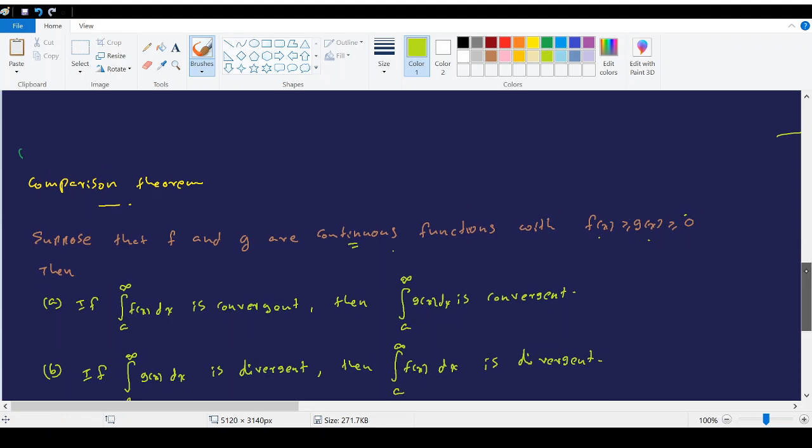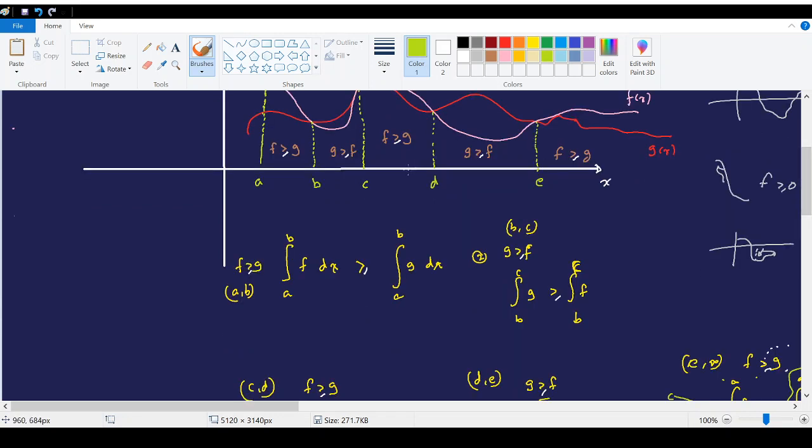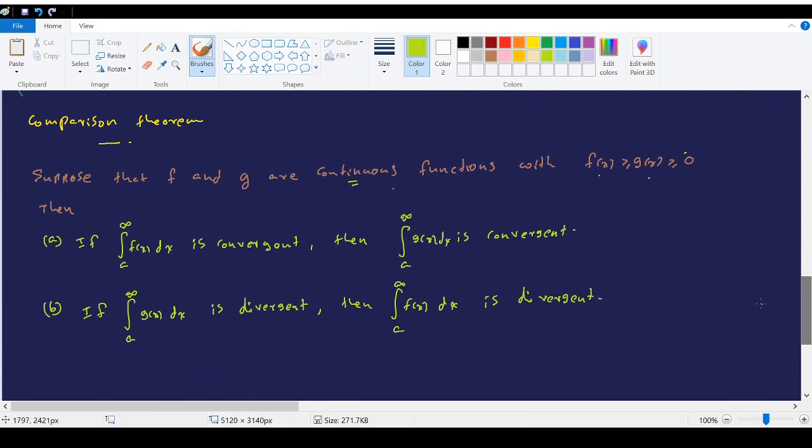In other words, we have made sure that both functions lie above the negative region. It can be 0 but not negative, right? So if we have this relationship, then if the larger integral converges, then the smaller integral will also converge, and if the smaller integral diverges, then the larger one will also explode.